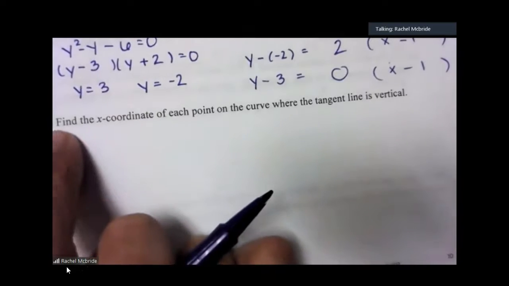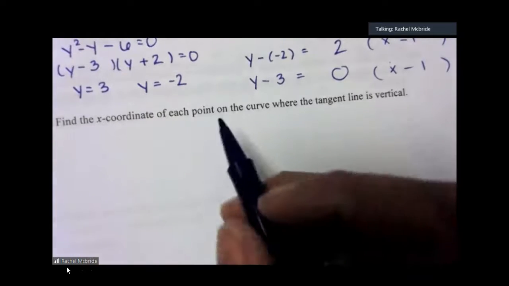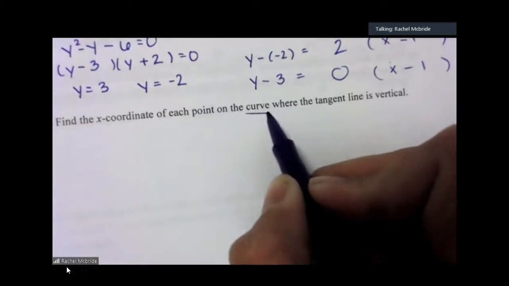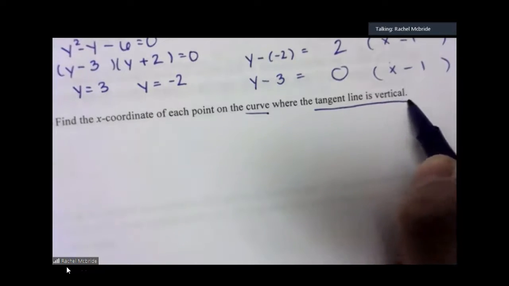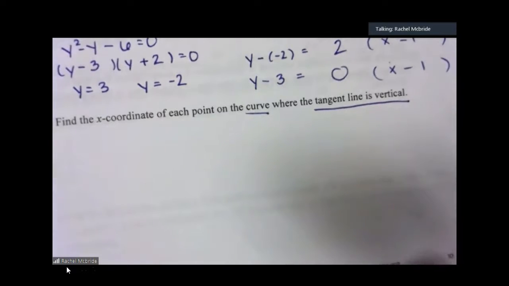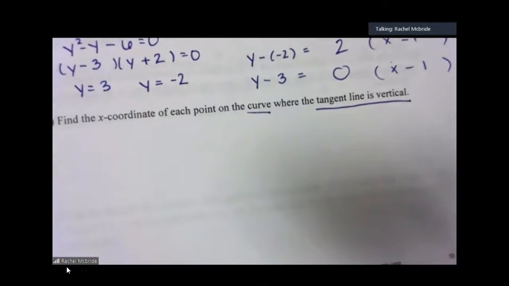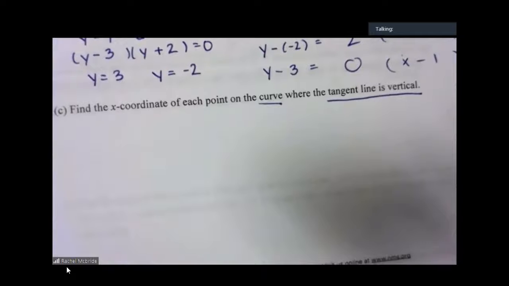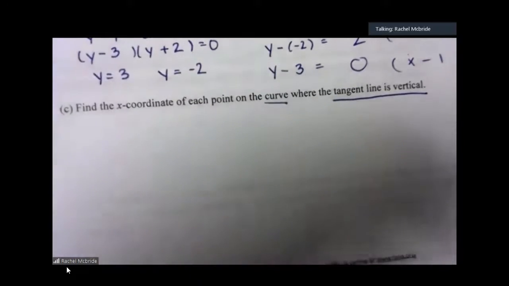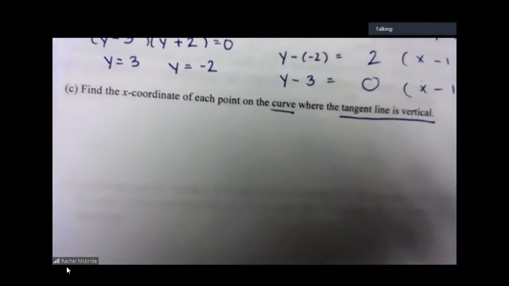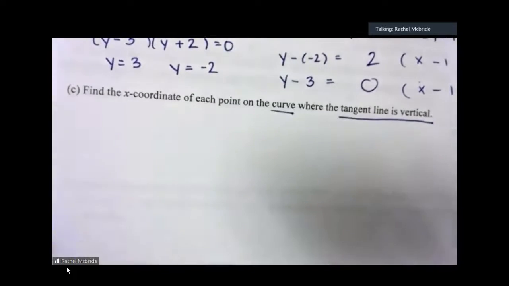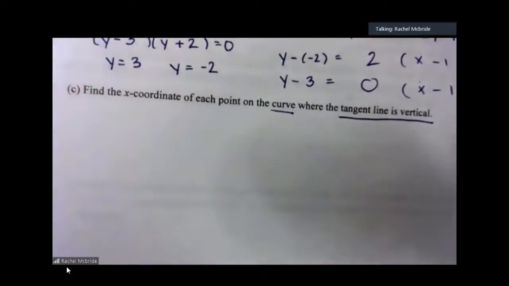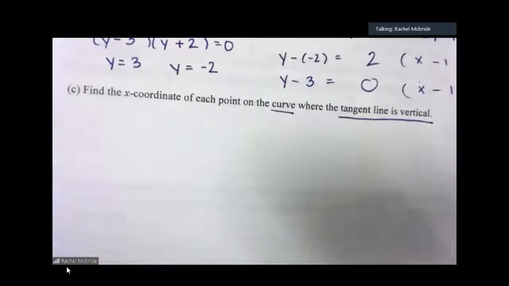Part C, find the x-coordinate of each point on the curve where the tangent line is vertical. So where does a vertical tangent line occur? What has to happen for a vertical tangent line? What's the slope of a vertical tangent line? Undefined. A horizontal tangent line has a slope of 0.